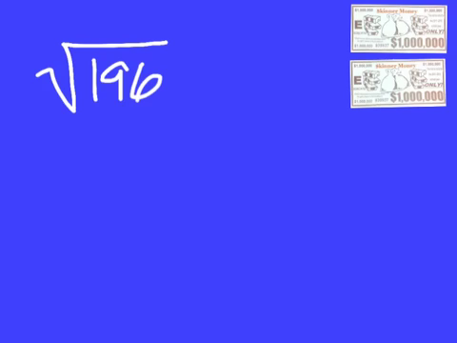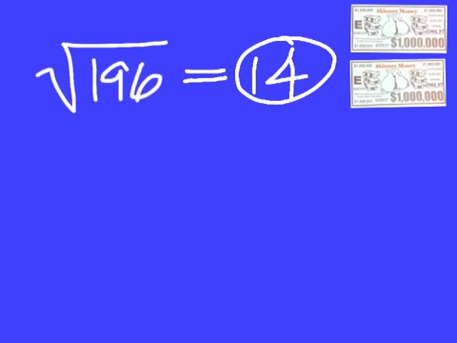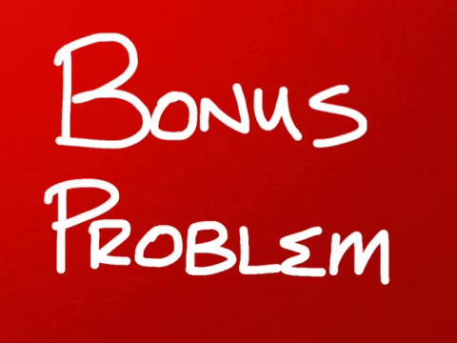Try to do it without a calculator if possible. Square root of 196. On the practice problem, you should have 14. If you have that, come and get 2 million. Bonus problem. Square root of 289. The solution on this one should be 17.